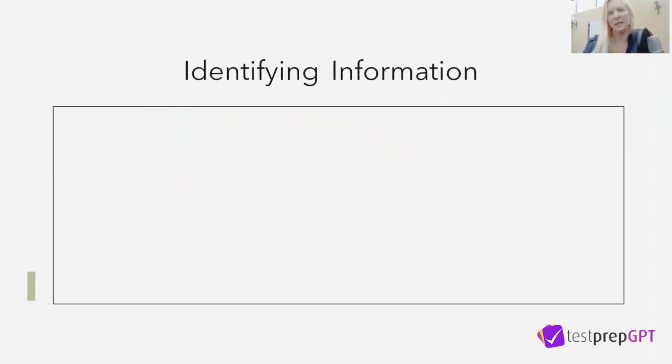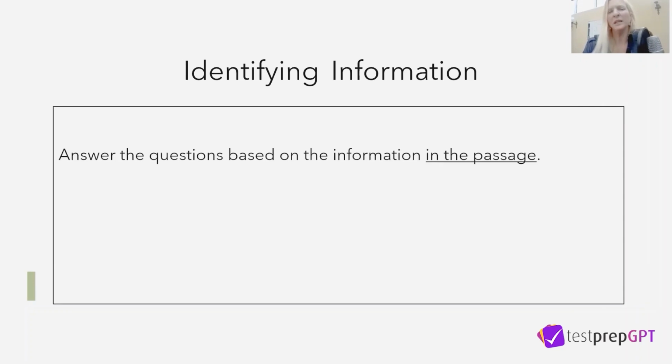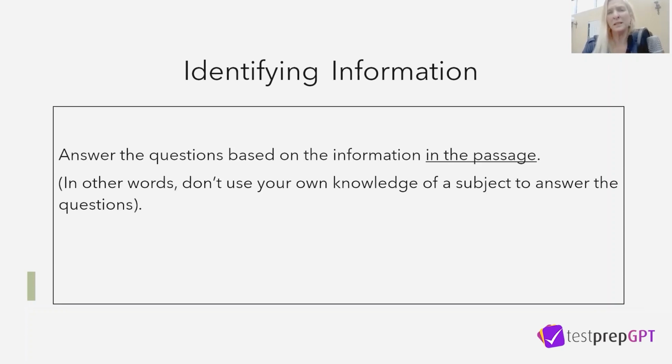You'll be ready. So if we take a look at identifying information, you need to answer the questions based on information in the passage. So what that really means is that you're not answering the questions based on what you think is the answer from your own experience, but simply based on the passage.